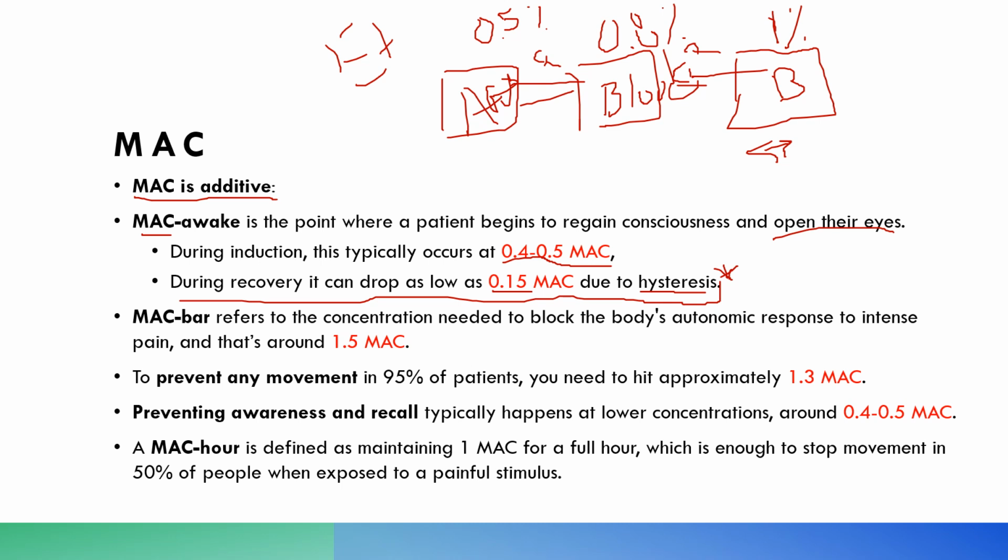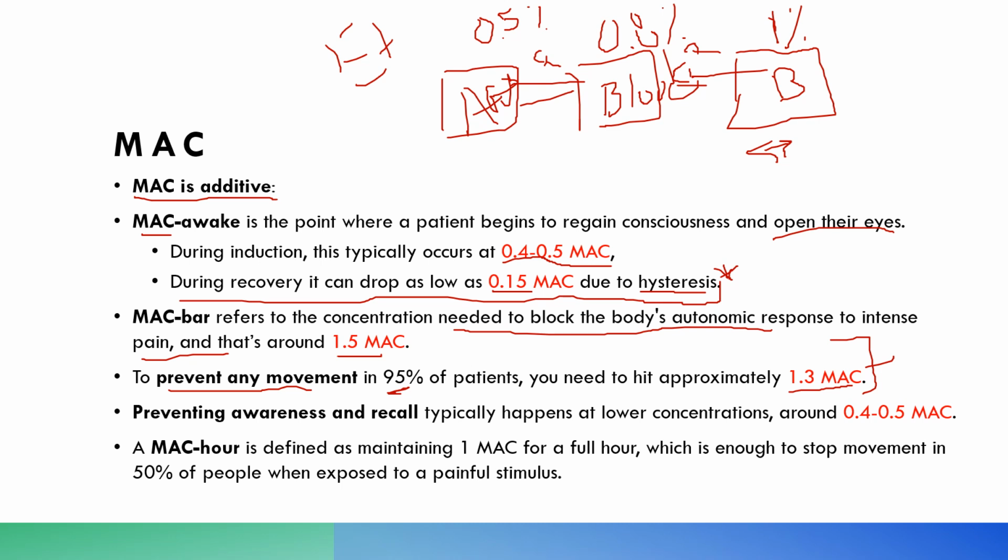All right, MAC bar is going to refer to the concentration needed to block the body's autonomic response to intense pain, okay? It's around 1.5 MAC. To prevent any movement in 95% of patients, you need to hit approximately 1.3 MAC. Remember, for all these values, this is just discussing inhaled anesthetics.